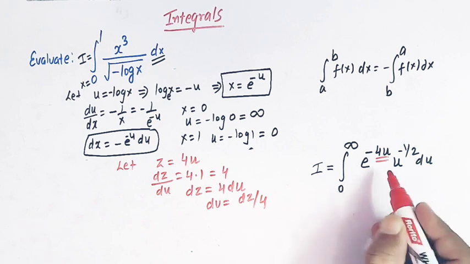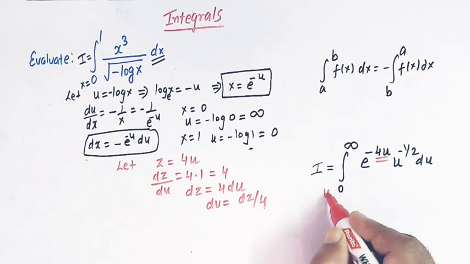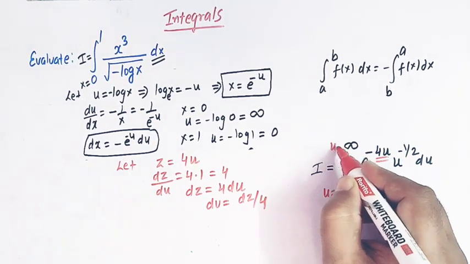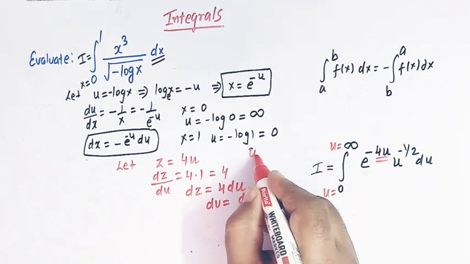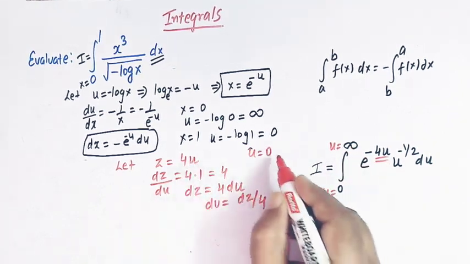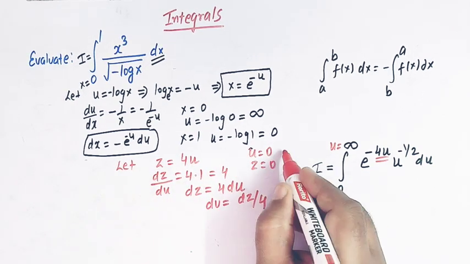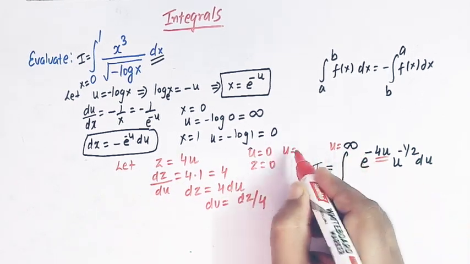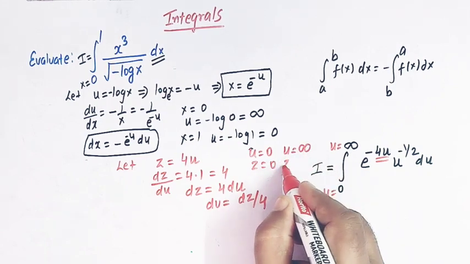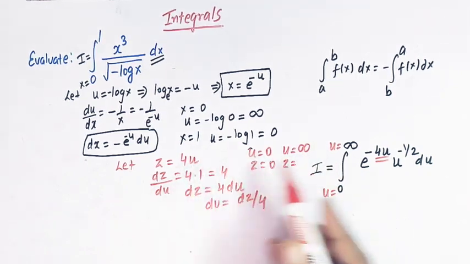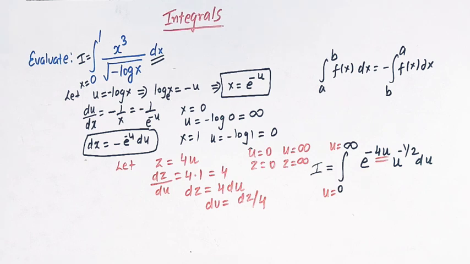Okay, now see here the limits of integration vary from 0 to infinity. So when u is 0, then obviously z is equal to 4 times 0, which is 0, and when u is infinite, then z is also 4 times infinite, that is infinite, right?